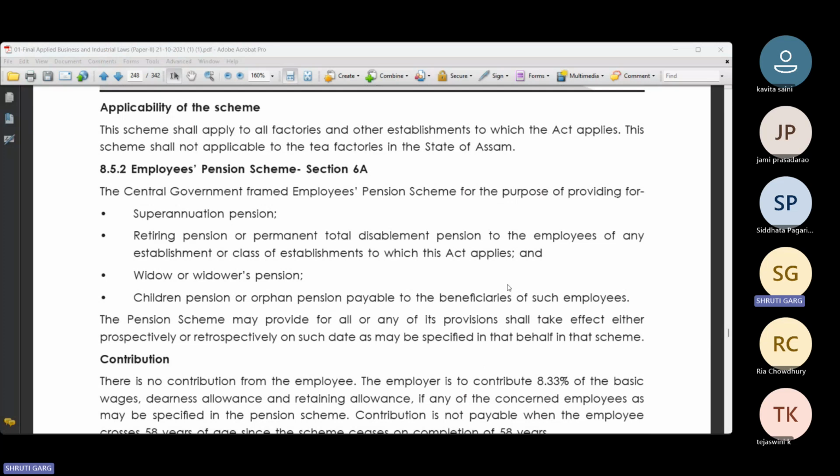There are some previous class students also, I have told you in that class, Tejaswini and Jami Prasad Rao. Please tell what is superannuation? Like that, it is retirement, but before the specified age, right? But before the specified age.